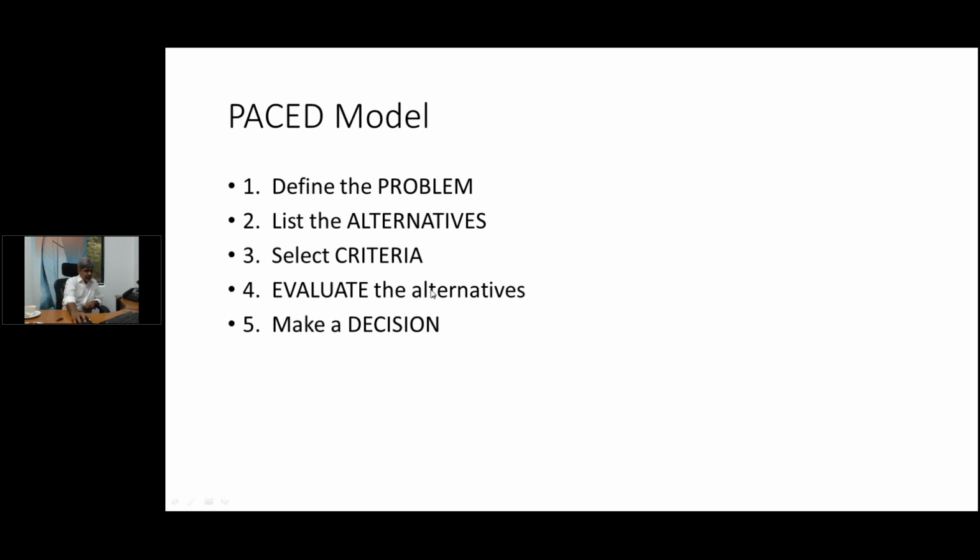Once we look at our alternatives from these criteria, then we evaluate those alternatives and then we make a decision. Then we have the PACED model, where P represents problem, A represents alternative, C represents criteria, E represents evaluate, and the next one is the decision.